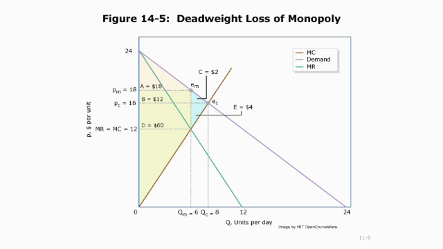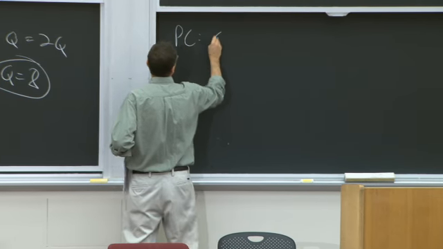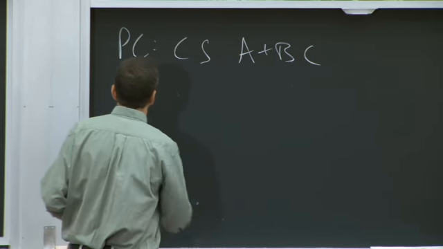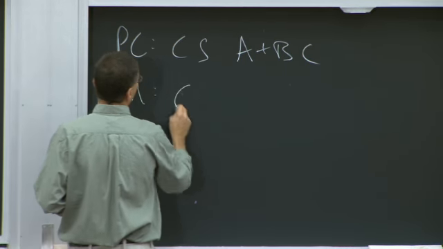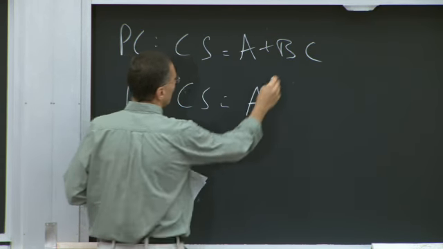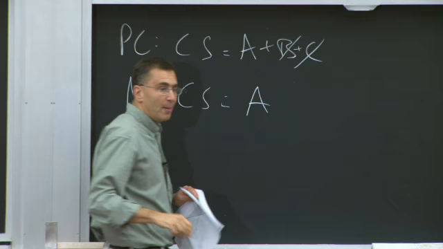With perfect competition, consumer surplus is A plus B plus C. With a monopoly, consumer surplus falls to the area A. So you lose B plus C with monopoly.